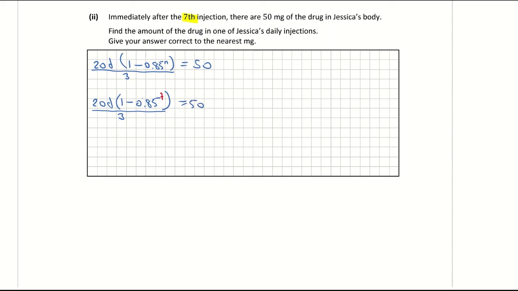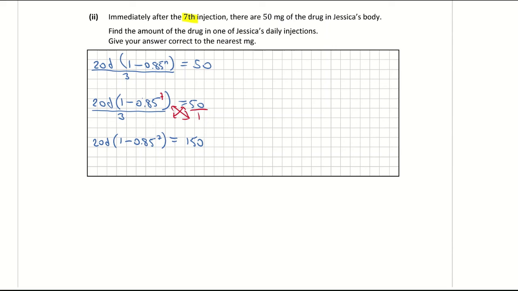There are different ways we can do this. I'm just going to put this over 1 and cross multiply here. Fraction is equal to fraction. So that's going to give me 20d times 1 minus 0.85 to the power of 7 equals 3 times 50, which is 150.